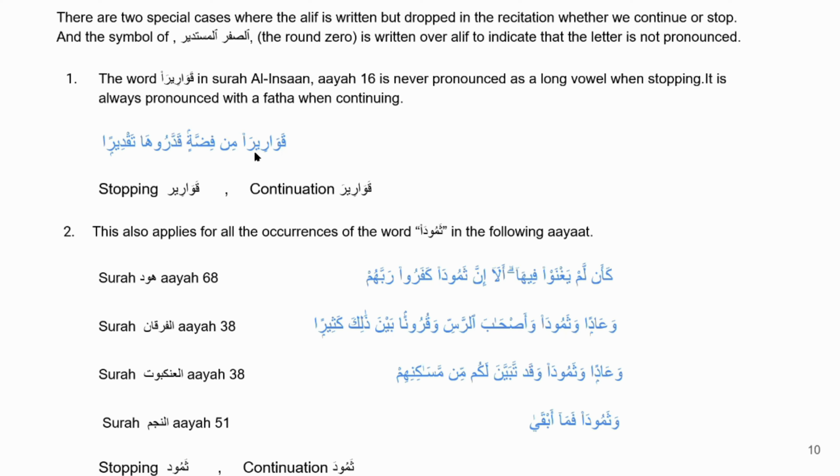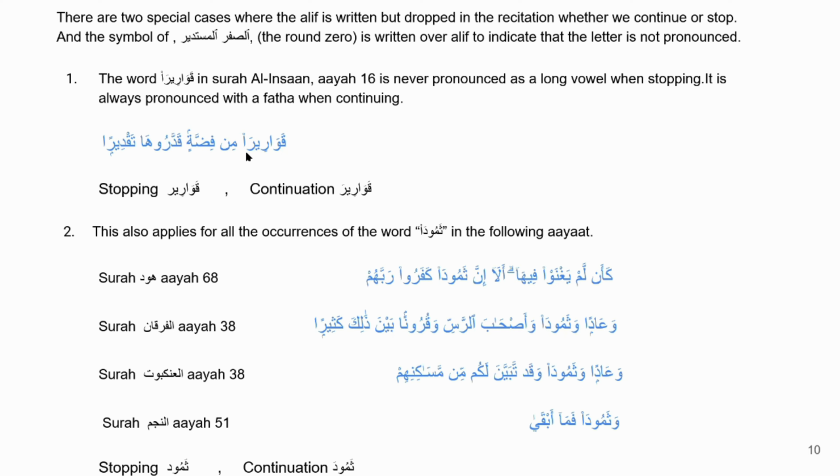And you can see here, this word ends with an alif that has a sign of sifr mustadir, which is this round zero on the top. This alif is never pronounced as a mad letter.